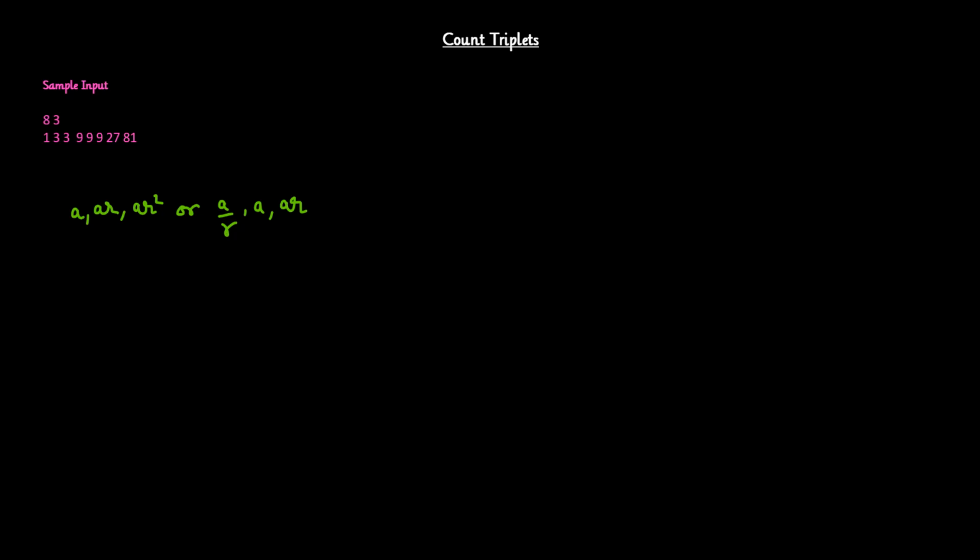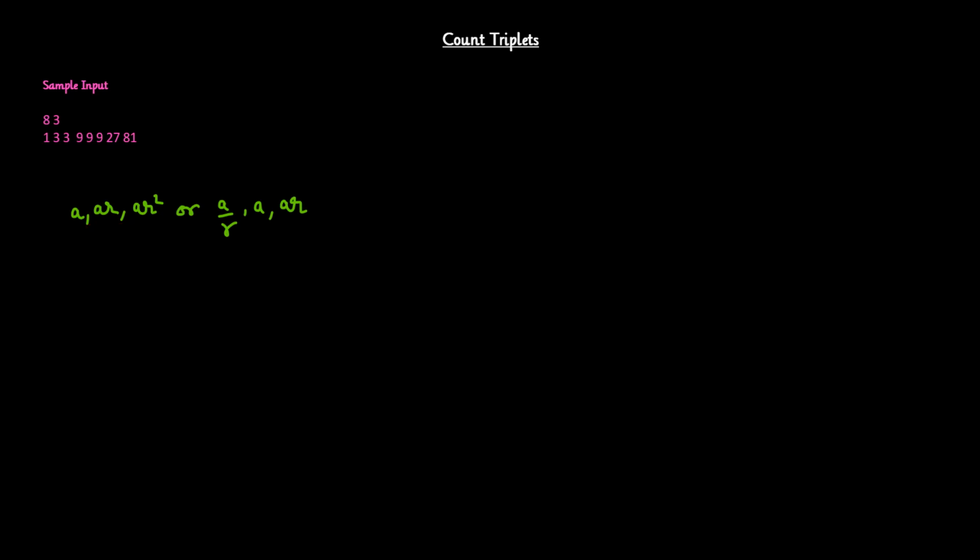So one algorithm is pretty simple, guys. We can apply 3 nested loops where we treat each individual element as a, and r is already given. So we can calculate these two terms also, and check whether these terms exist inside the array or not.